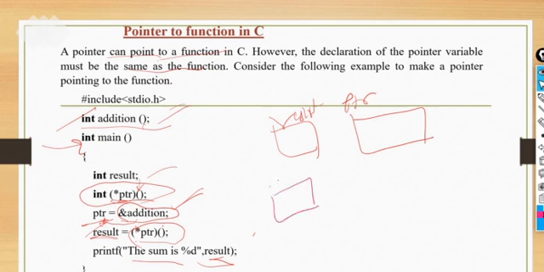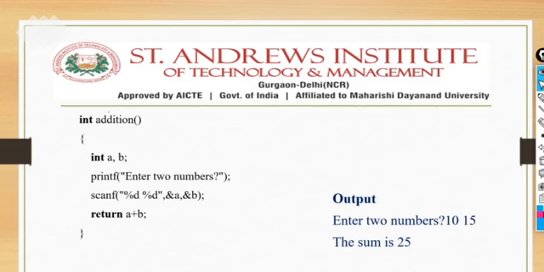Addition is a function that has a memory space, and PTR indicates that particular place. Any change that happens there will come to PTR also. Whenever this function is called like this, it will go to the addition function wherever it is declared.